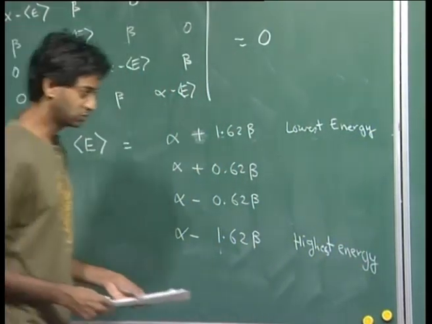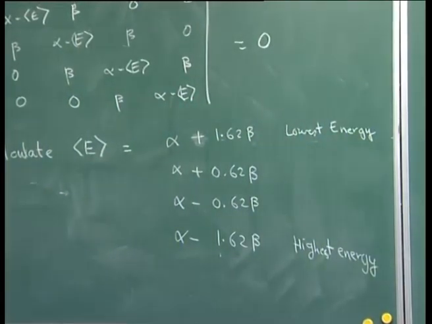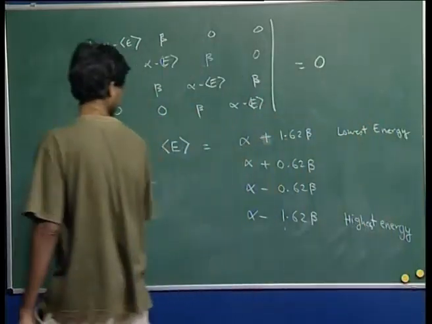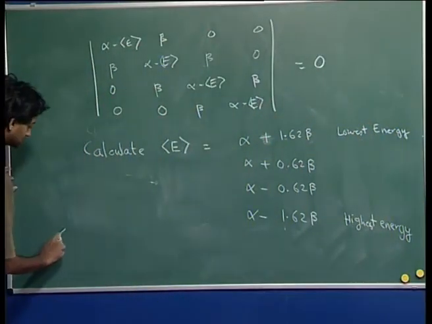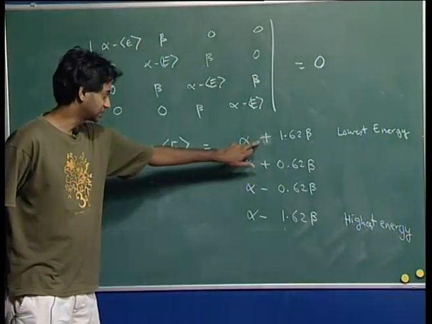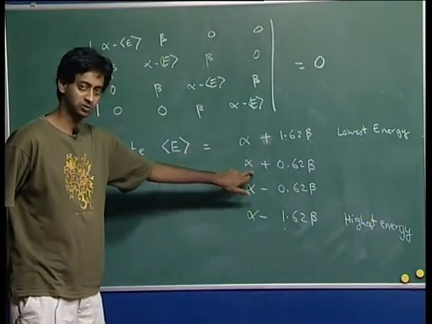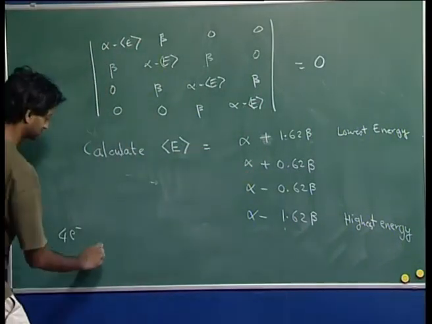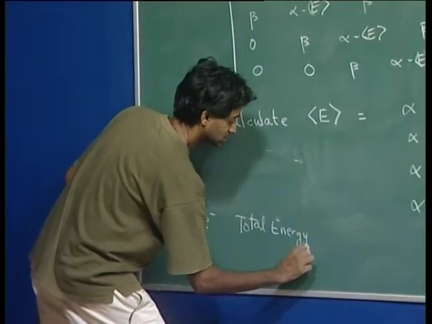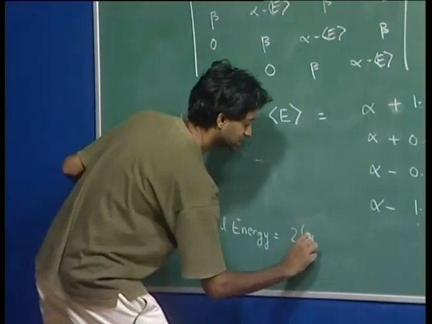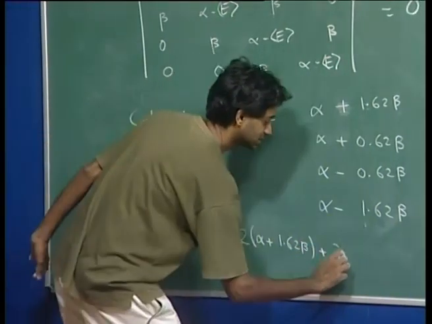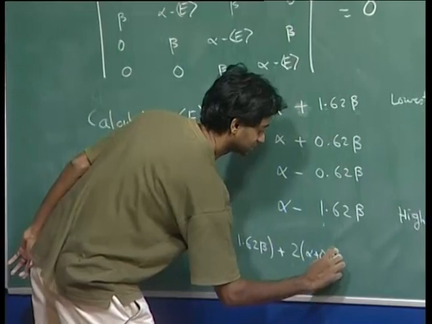Now what is so interesting about these values is the following. Butadiene has 4 electrons. So 2 of them will be in the orbital corresponding to this, and 2 of them will be in the orbital corresponding to this. So the total energy is equal to twice alpha plus 1.62 beta plus twice alpha plus 0.62 beta.